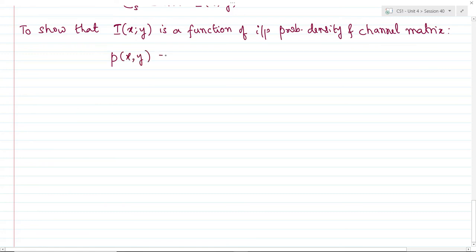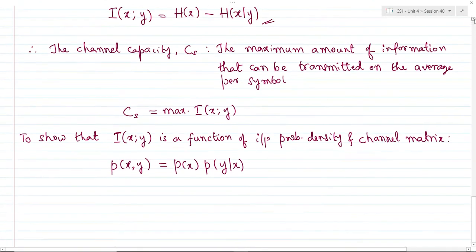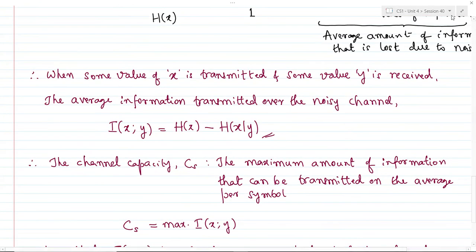So to make that more clear, let's use some known rules. The joint probability density, which we know can be written as P of x times P of y given x. Okay, let us call a few equations that may be helpful in substituting in the next case.